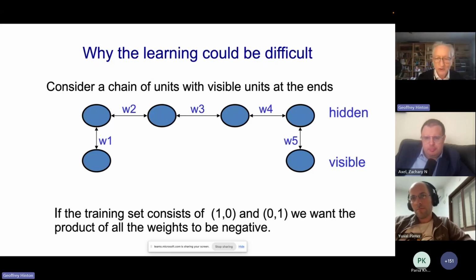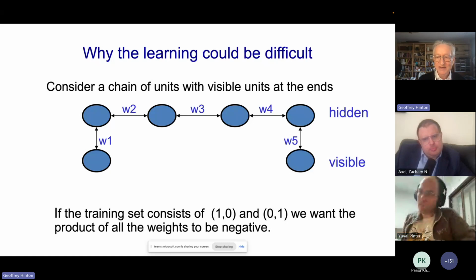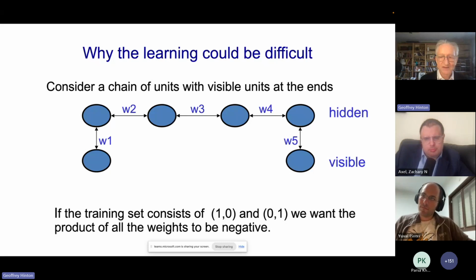If you just use intuitive common sense, it's obvious that you'd like that chain of 5 weights, from the first visible unit to the other visible unit, to have a negative product. If the product of all those weights is negative, then turning the first unit on will tend to turn the second unit off, and vice versa. They're symmetric weights. So we know we want the product to be negative.